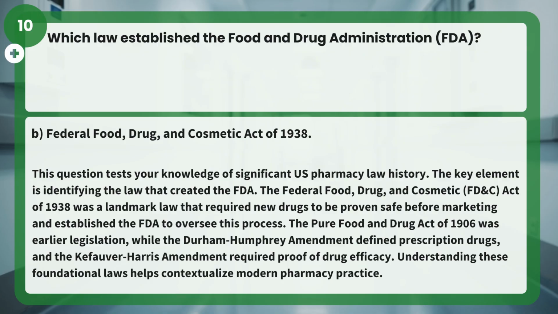The Pure Food and Drug Act of 1906 was earlier legislation, while the Durham-Humphrey Amendment defined prescription drugs, and the Kefauver-Harris Amendment required proof of drug efficacy. Understanding these foundational laws helps contextualize modern pharmacy practice.